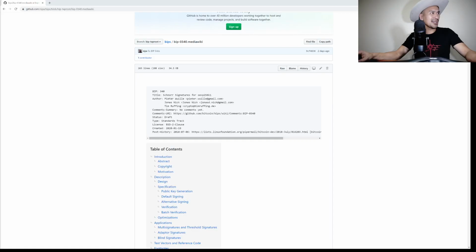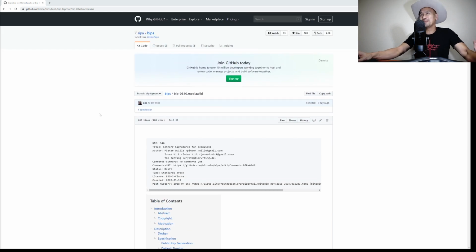All right. So anyway, let's get started. Here is BIP-340, and you can't find this in the Bitcoin BIPs repository on GitHub. You actually have to go through the pull request, and this is at github.com/sipa/bips, blob, bip-taproot, bip-0340.mediawiki. I think I put this in the show notes.